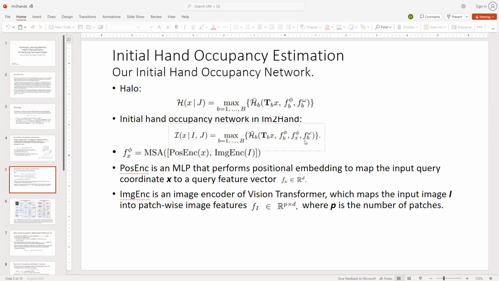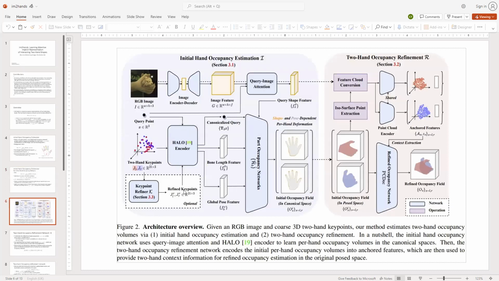So that's how, now we have this feature, and we have the usual features that go with Halo, and we have the initial hand occupancy estimation. So we have two hands here. They use this same shared network for both hands. So that's what they use for the initial estimation. But then in the later part, they refine it with the refinement network.